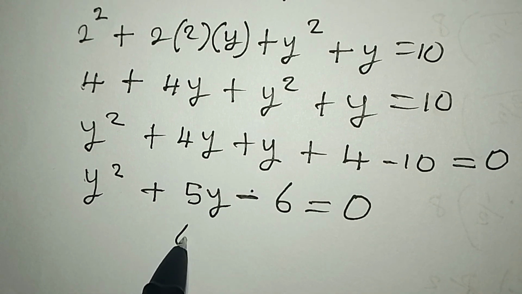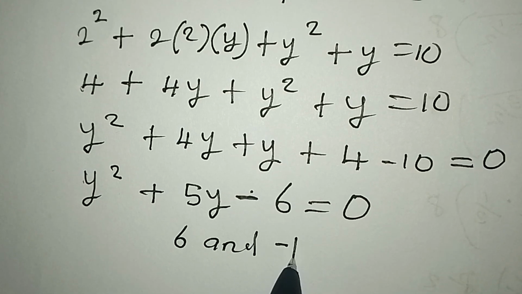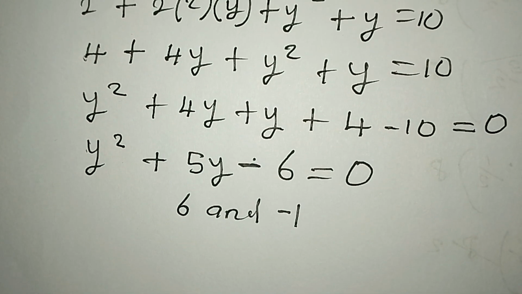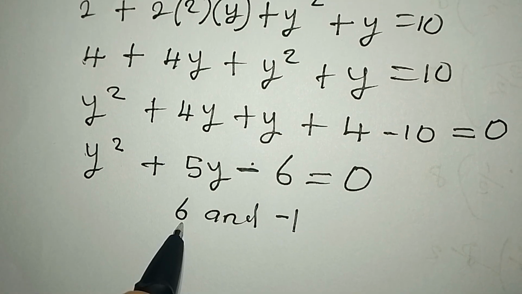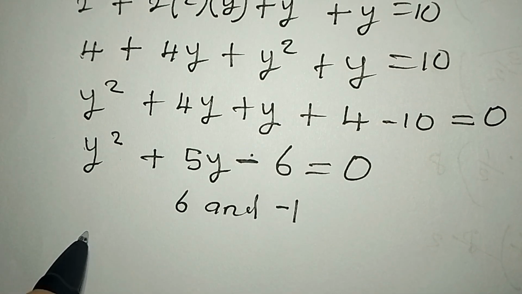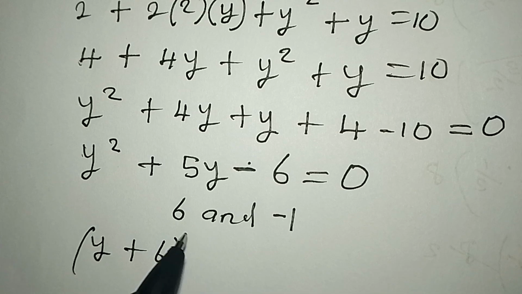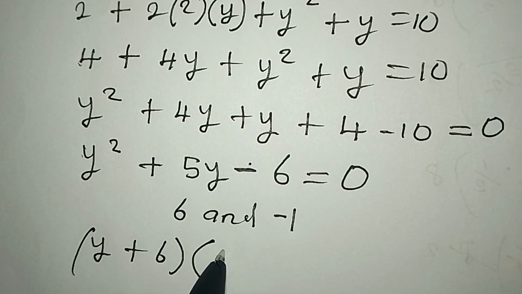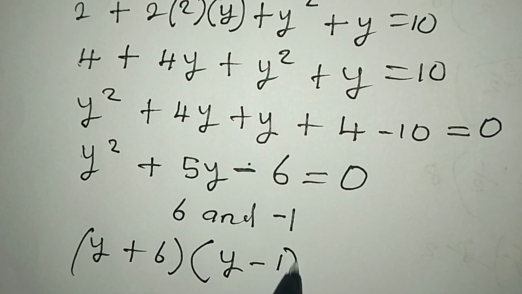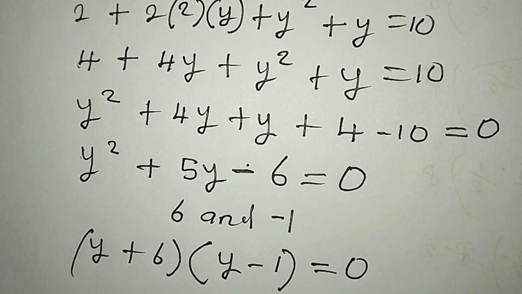The numbers will be 6 and minus 1, because 6 times minus 1 is minus 6, and 6 plus minus 1 will give us 5. So the factors will be (y plus 6) and (y minus 1), and this is equal to 0.